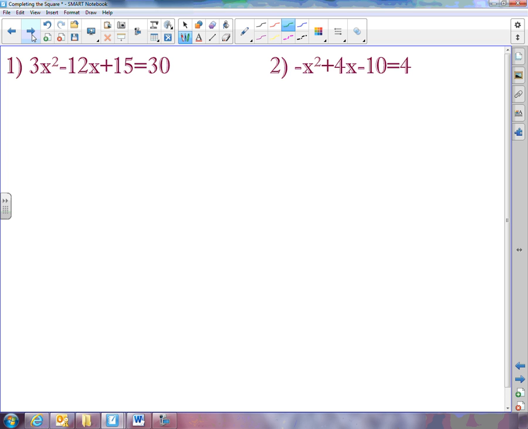Okay, now let's try this example. So the first thing that we want to do is get the problem so that all the quadratic and linear terms are on one side and the constants are on the other. So the only thing I need to do here is subtract 15. So now that I have that, I'm going to leave that space for the term that I'm going to need to write there.